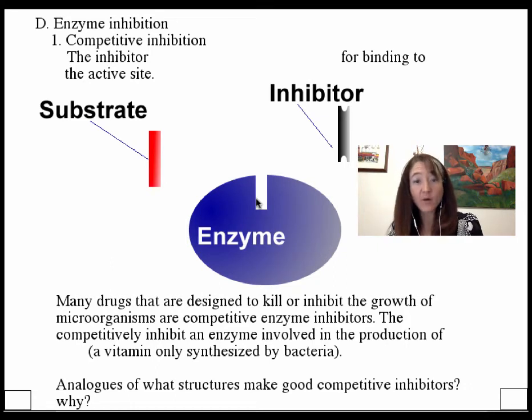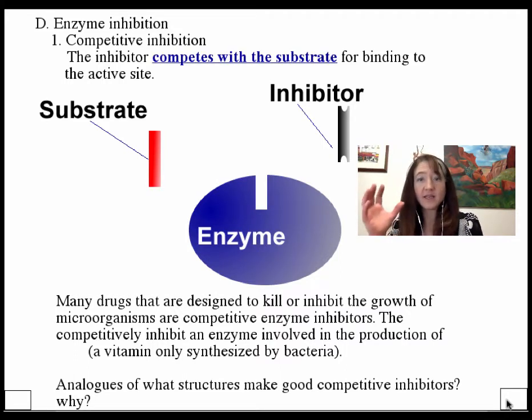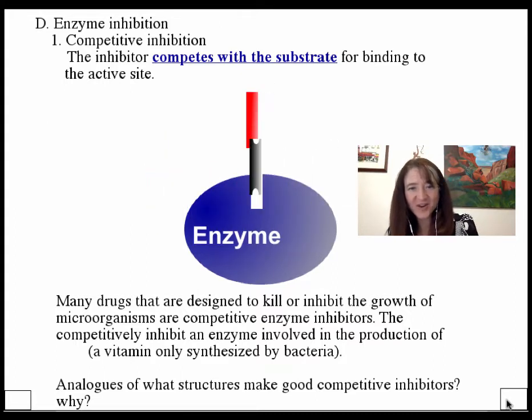This picture is helpful because it shows you that the substrate would bind to the enzyme at this active site. But notice that the inhibitor is equally as equipped to bind at that active site. So we could see a situation where the inhibitor would compete for binding with the substrate at that active site. So let's see who wins out. Oh, inhibitor gets it. So you might ask the question of what's going to dictate that.